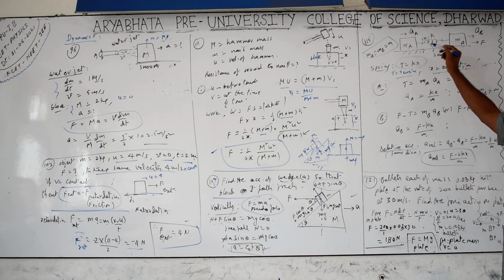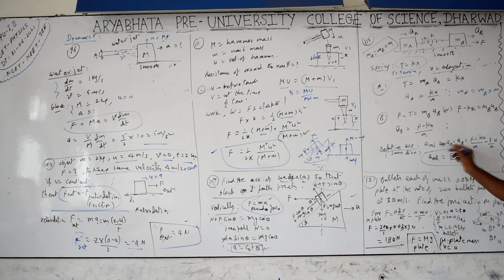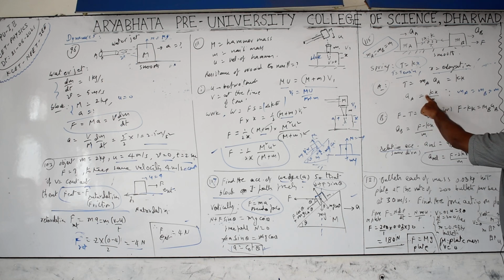Sometimes they ask only the acceleration of the second block, but here relative acceleration is asked. Relative acceleration, for the same direction of motion, is the difference of the two accelerations. The second block has the larger acceleration, therefore AB minus AA equals F minus Kx by M, minus Kx by M. The denominator M is the same, so it becomes F minus 2Kx by M.